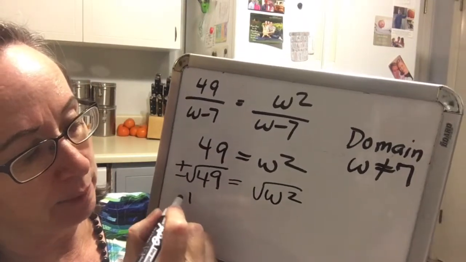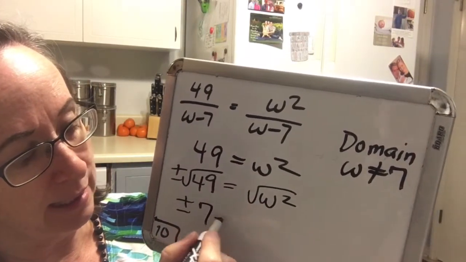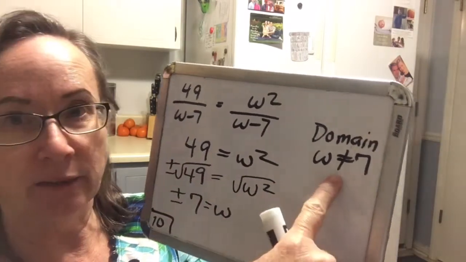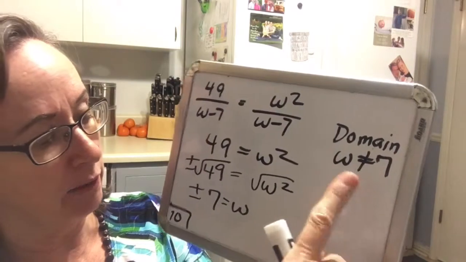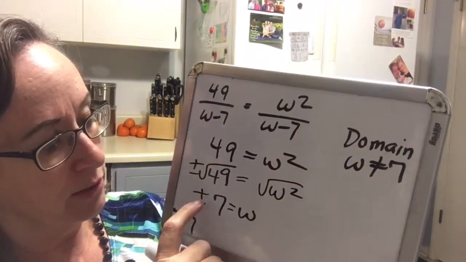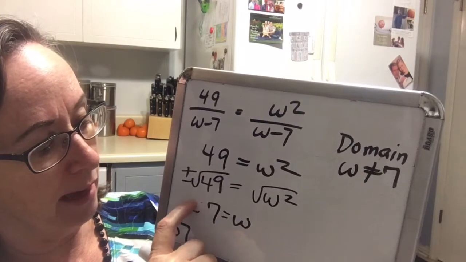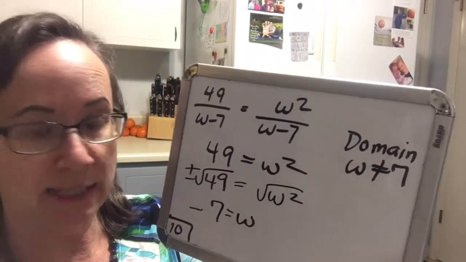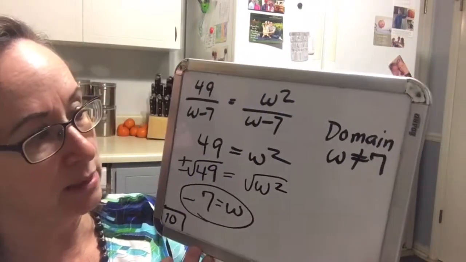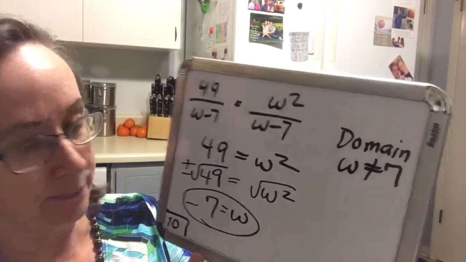And this is going to give us plus or minus 7 is w. But we take note that I already took the domain. The domain said that positive 7 was a no-no. So I'm only going to have a negative 7 for my solution. So w is negative 7 in this one, and that is correct.